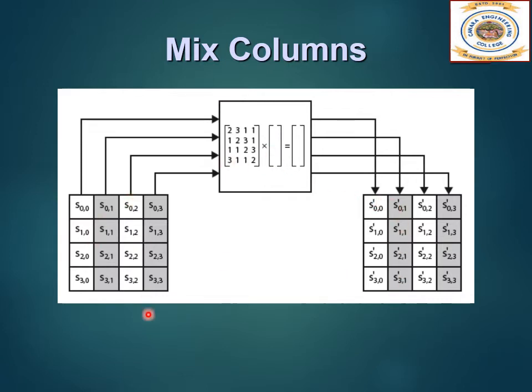We take the third column and get the third column. The fourth column is also multiplied by this fixed matrix, and we get the fourth column. Again, all of this multiplication is done in GF of 2 to the power 8. We know the reduction polynomial, the prime polynomial, so if it goes out of the field, we have to do the reduction using the polynomial given for 2 to the power 8.